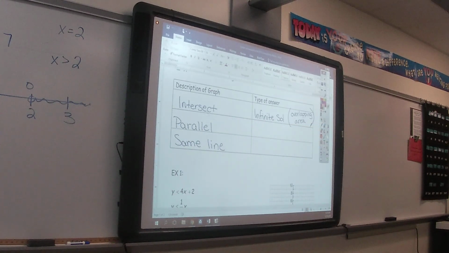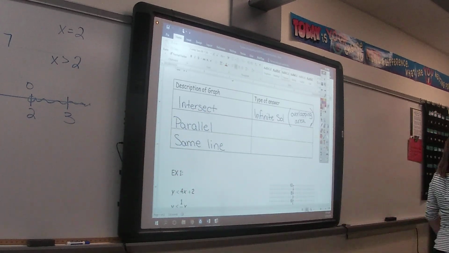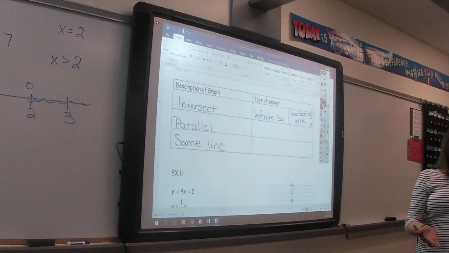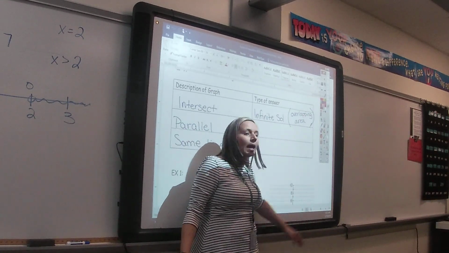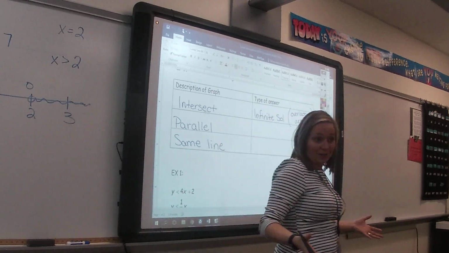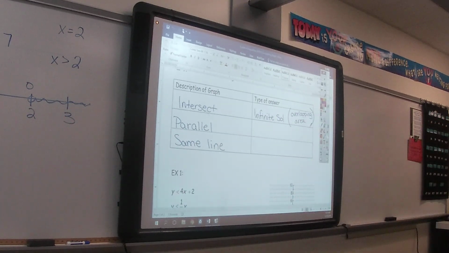Which hopefully makes sense to us, because as we've been looking at inequalities, whether we're talking on a number line or on a coordinate plane, we've always said that there's really no way to write down the solutions, so we just represent them with a picture. Whether that picture was a number line or on the coordinate plane, it's still just a picture. Okay, so we won't get that final solution of like (4, 9) today.